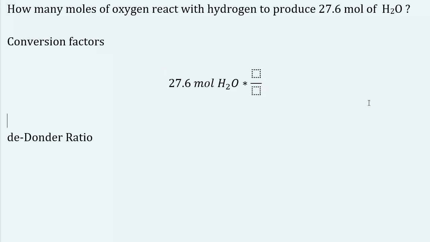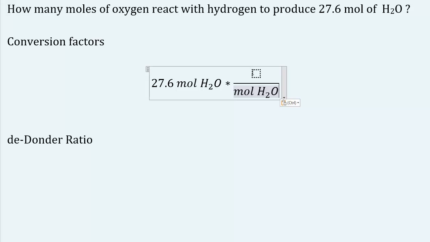These moles will have the identity of the associated substance, so in the denominator the moles of the same given substance will go. So we will need moles of water in the denominator, and in the numerator we will have the moles of the substance we need to compute. So we will need moles of oxygen multiplying.